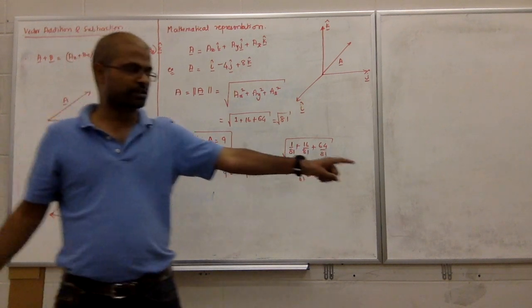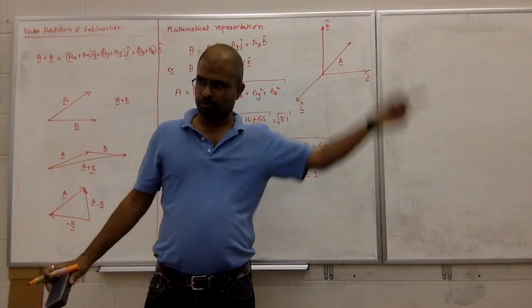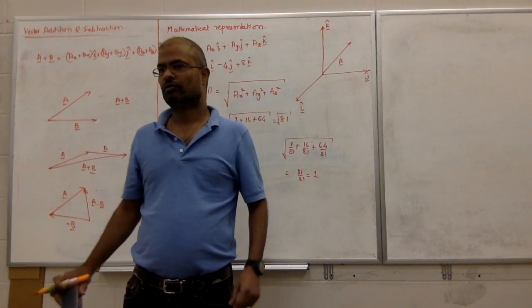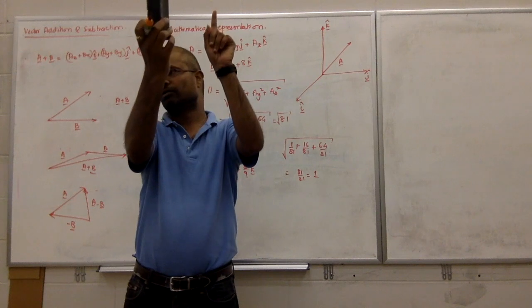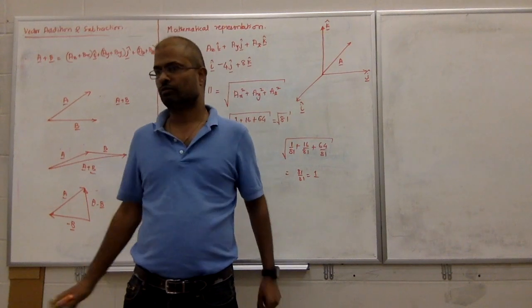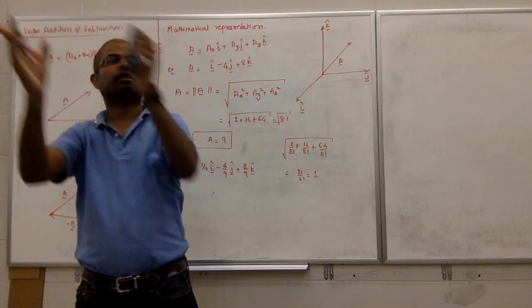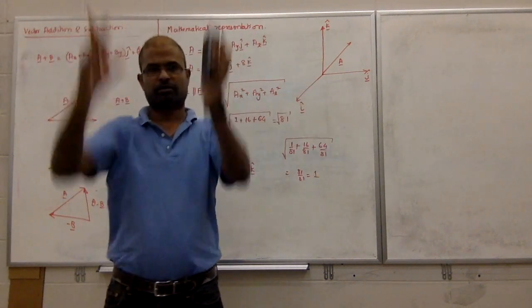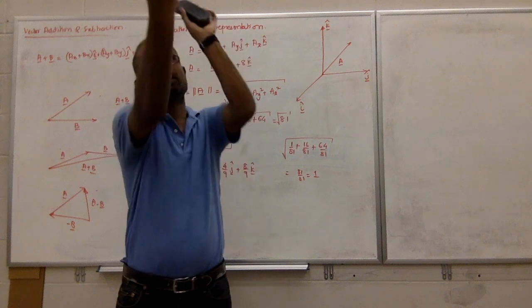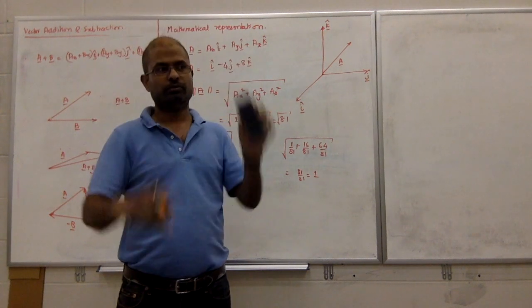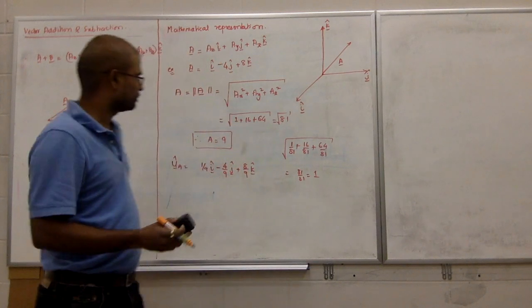You express this vector plus this vector, and the addition will give you that. The subtraction will be this vector, the distance between them. Got it?